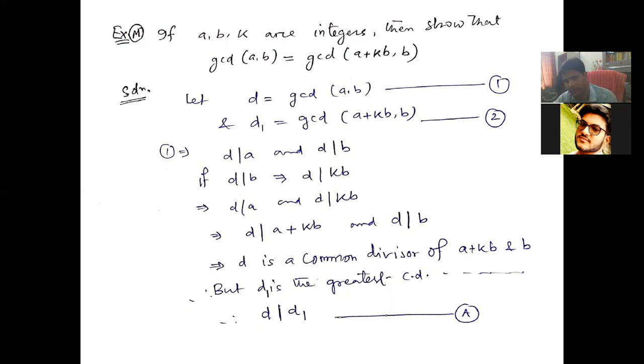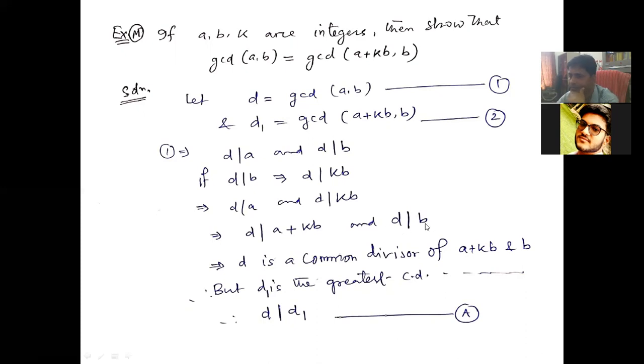Any linear combination it will divide again. We have already studied that if some number divides a and that number divides b, then that number will divide any linear combination of a and b. So the linear combination of these two is 1 times a plus kb, their sum.